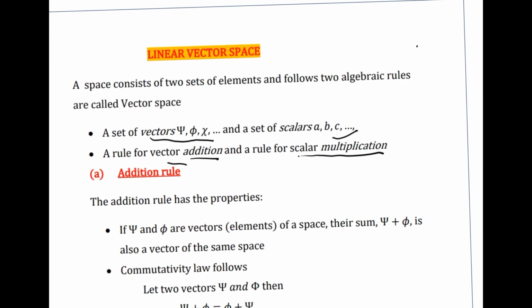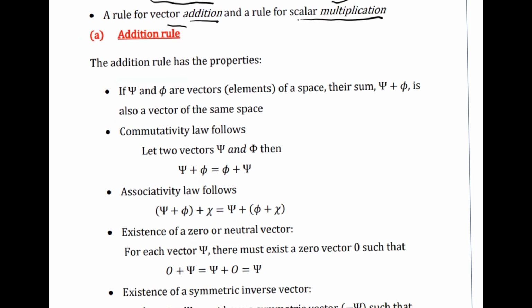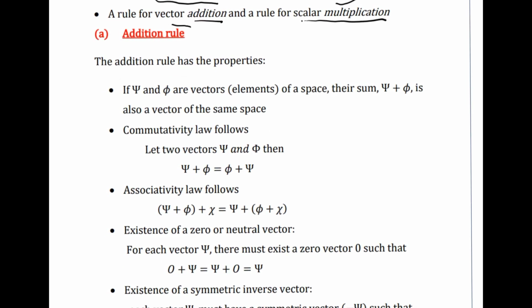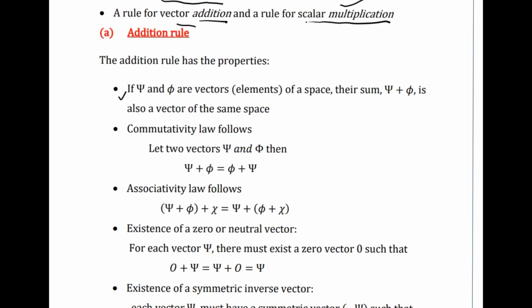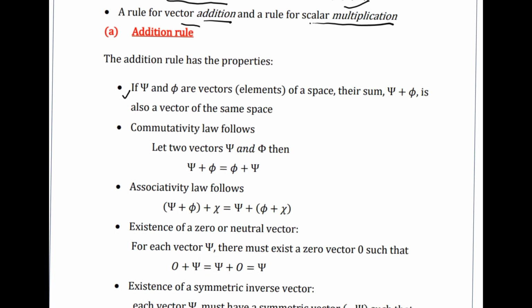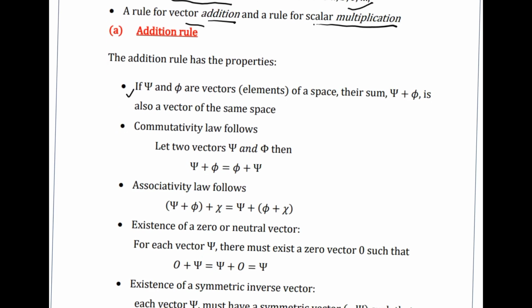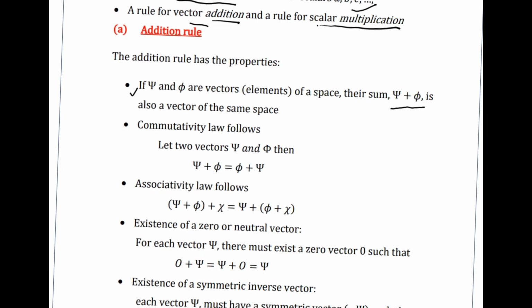The first rule is addition. This rule has the properties: number one, if we take any two state vectors of the space, then their sum is also the state vector of that space.